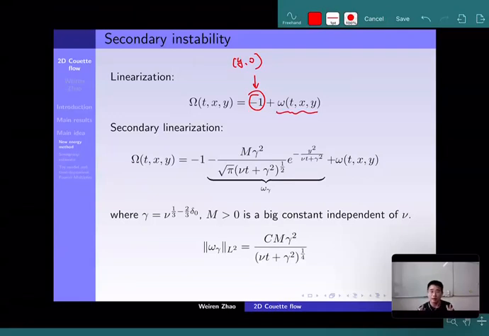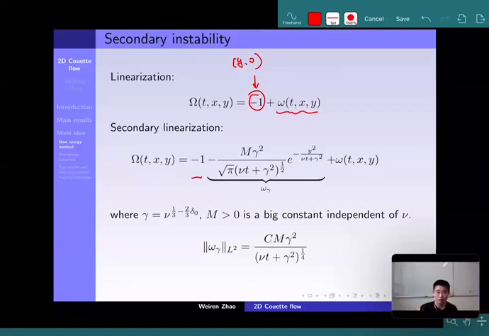Now, if our perturbation is slightly larger, then when we still linearize around this -1, it's not accurate anymore. So the idea is that instead of linearizing around the -1, we linearize around the -1 plus something. Here we just choose a Gaussian type function, exponential of minus nu to the y square.